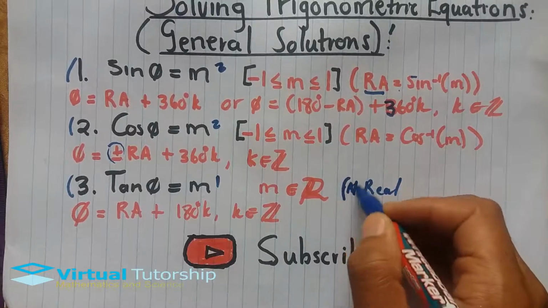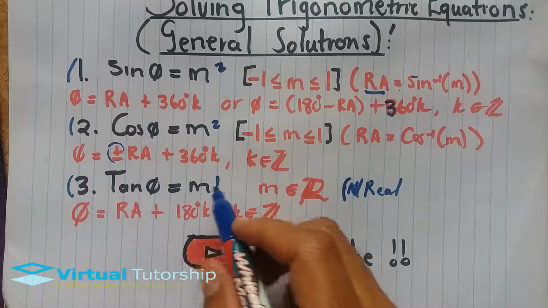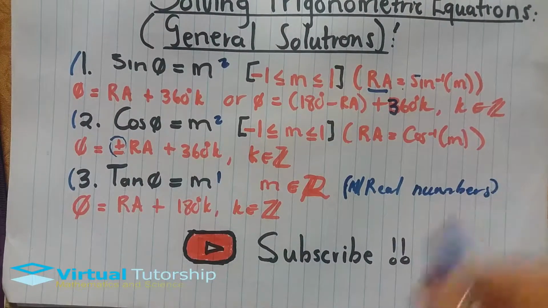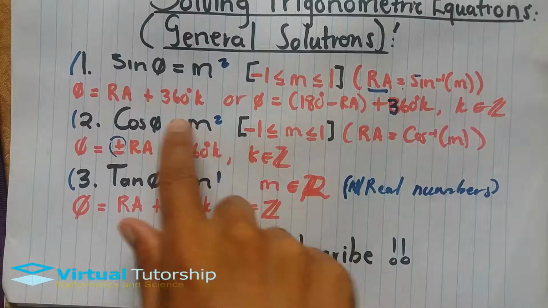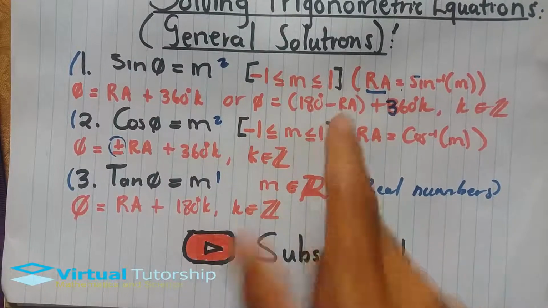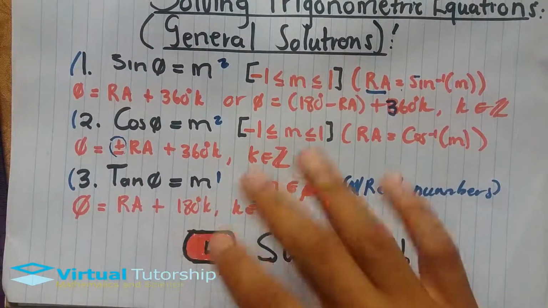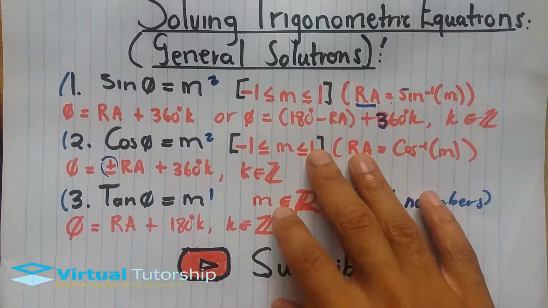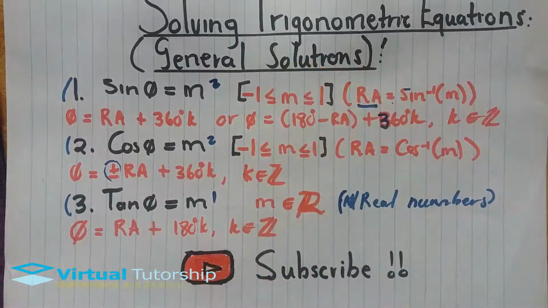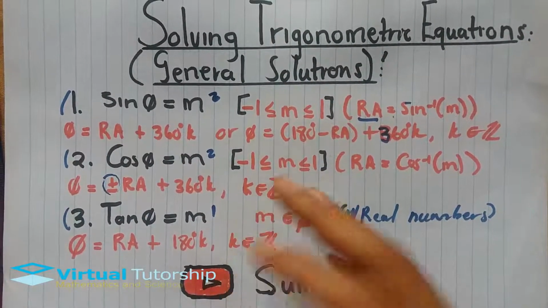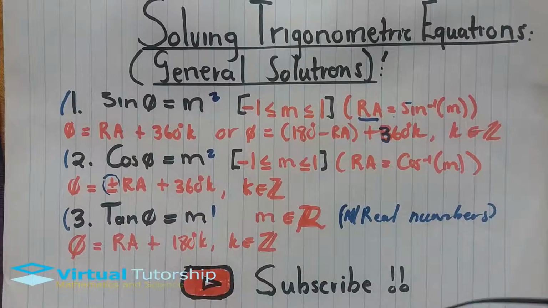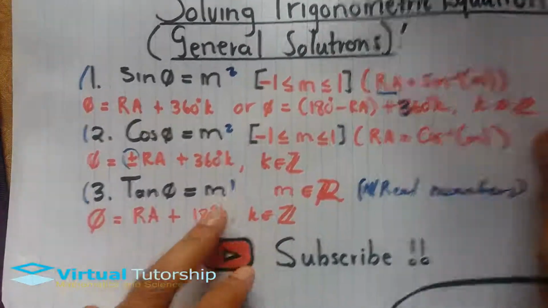So all real numbers apply for the tan function, but for the sine and the cos, m must be between -1 and 1. But don't worry, because in this tutorial we are going to do examples where I show how to find the general solutions for trigonometric functions. So let's get right into it.